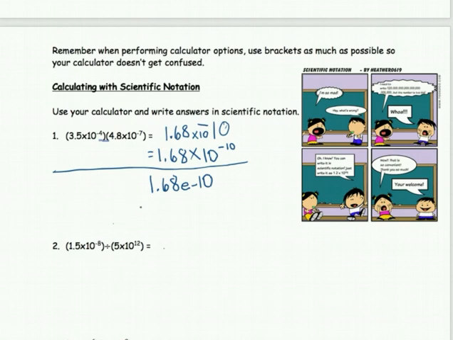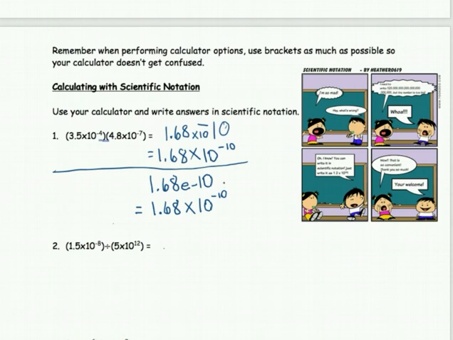You have to convert it out of the calculator language back into scientific notation. So 1.68 is still the same, the e becomes times 10, an abbreviation for times 10, and the number that follows the e is the exponent, so you have to write it small up in the air on the right along with the negative.